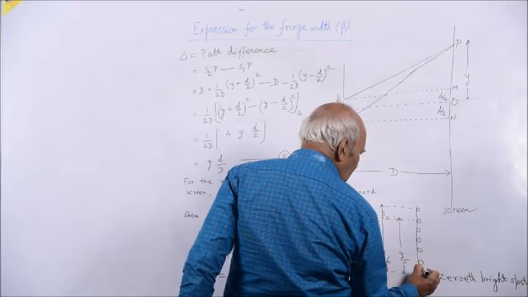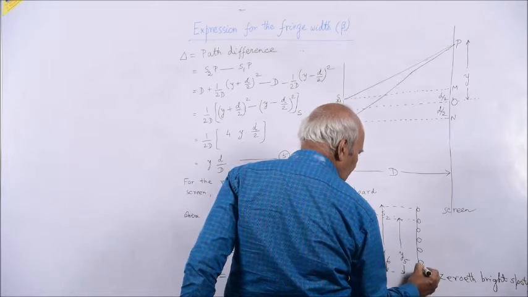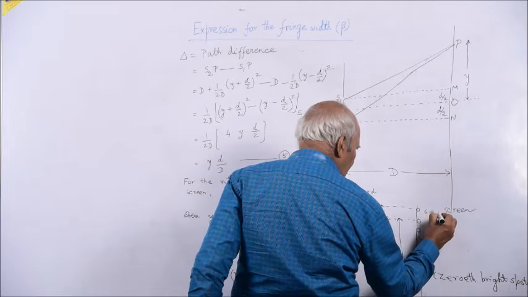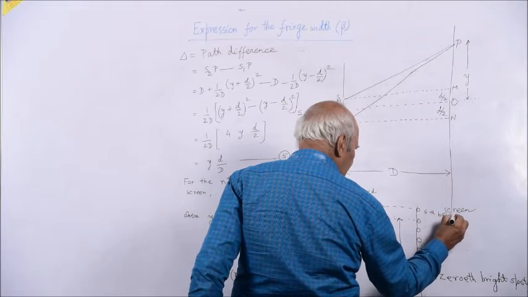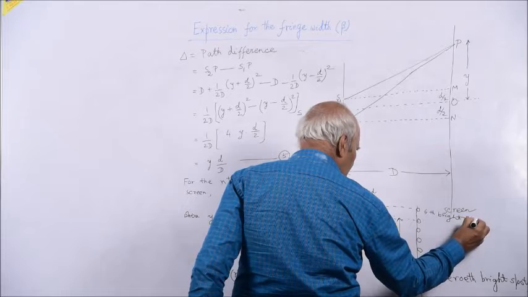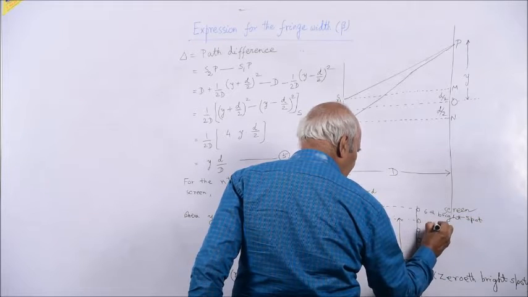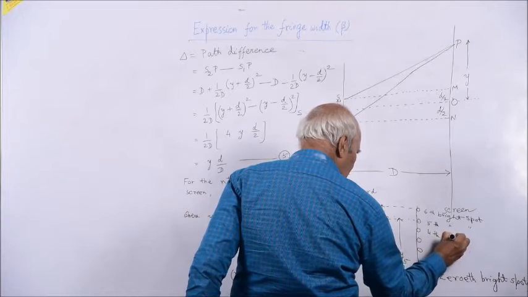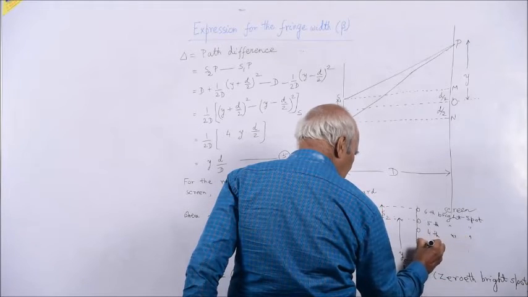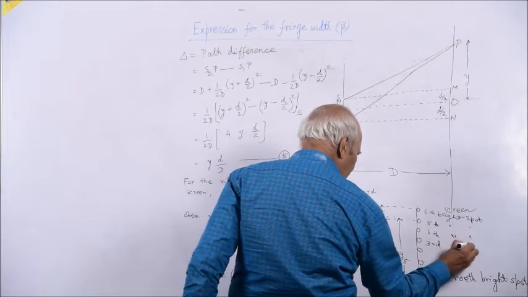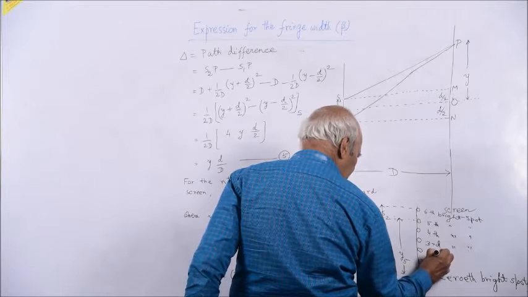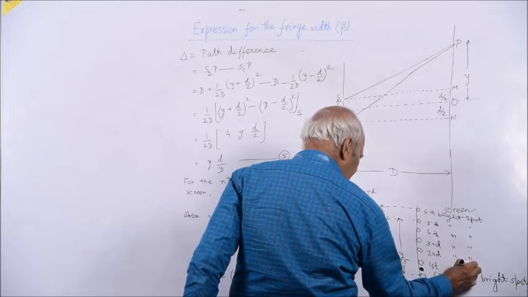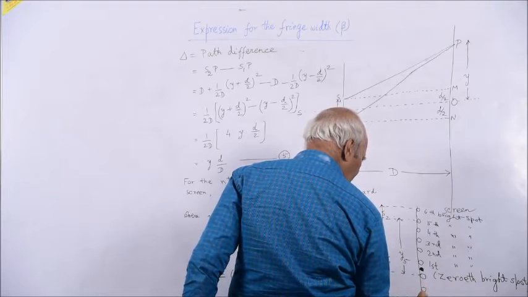So, in between there will be dark spots. So, we can write it as the 6th bright spot, then the 5th bright spot, then the 4th, 3rd, 2nd, and 1st bright spot, and on this side also there are bright spots.